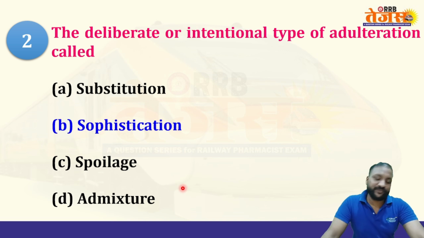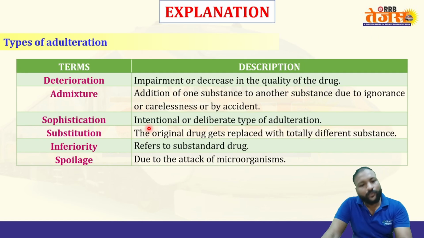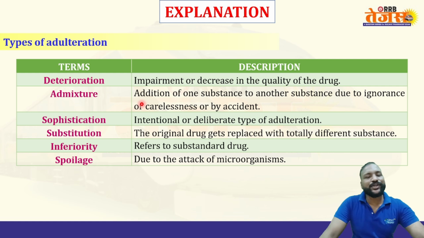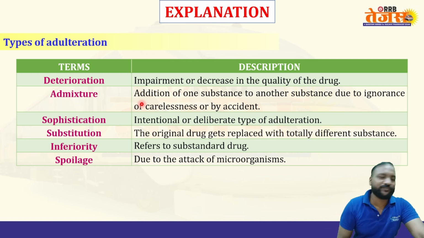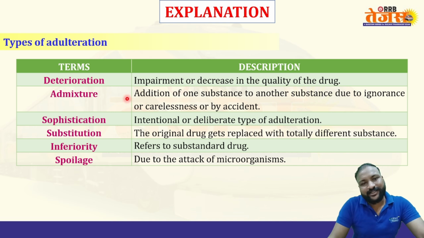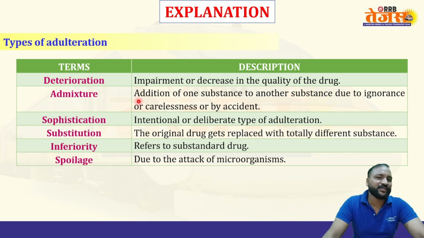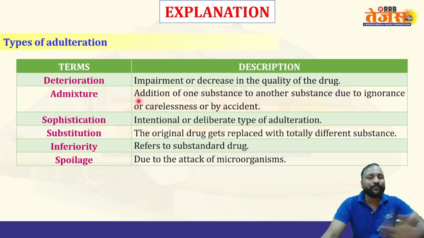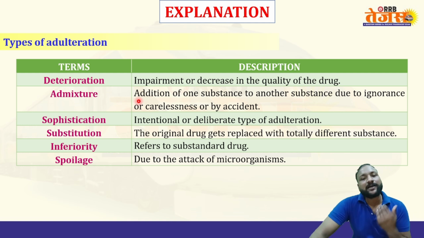Option B, sophistication. The deliberate or intentional type of adulteration is sophistication. Why? Because in adulteration we have majorly two types: one is intentional, another one is unintentional, that is, deliberate or accidental. Deliberate means intentional, whereas accidental means unintentional.